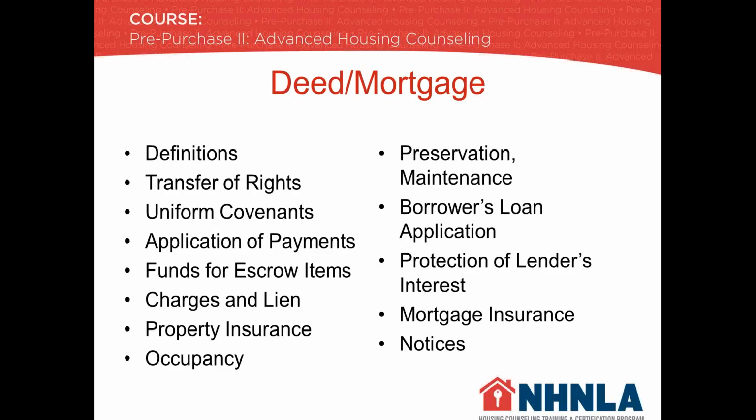Protection of lender's interest in the property means that the lender has the right to file court proceedings to get their collateral back if the borrower files bankruptcy, abandons the property, or if the loan goes into foreclosure. If mortgage insurance is required on the loan, the mortgage insurance section will provide information on it. And the notices section will describe acceptable forms of communication between the parties.